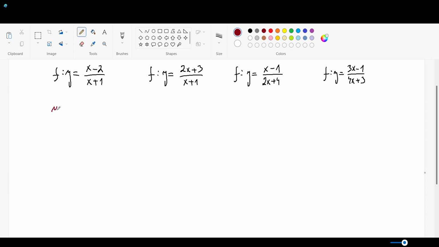This one is quite simple because, as I said, we are looking for some kind of multiple of the denominator, and we want to find it up there because we want to cancel some numerator and denominator.